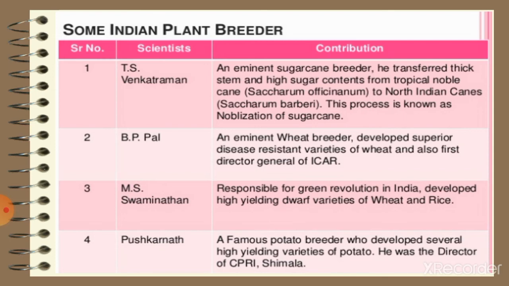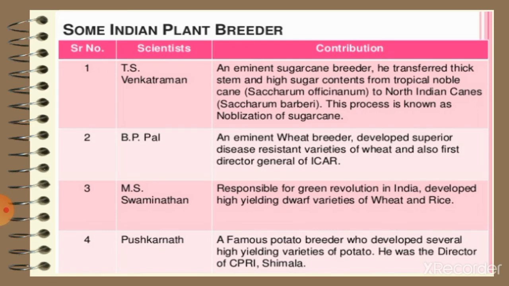He was a famous plant breeder responsible for the Green Revolution in India. He developed high-yielding varieties of wheat and rice. He was Director General of ICAR and later Director General of IRRI Philippines from 1982 to 1988.